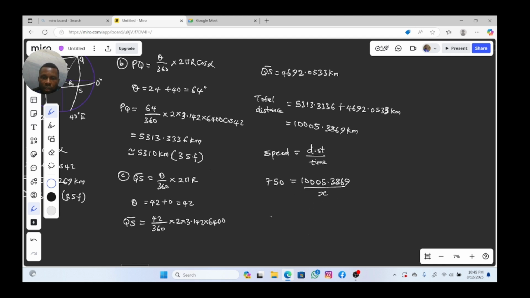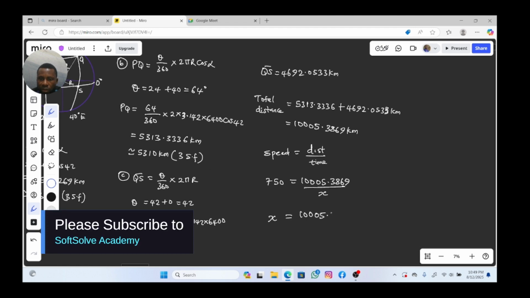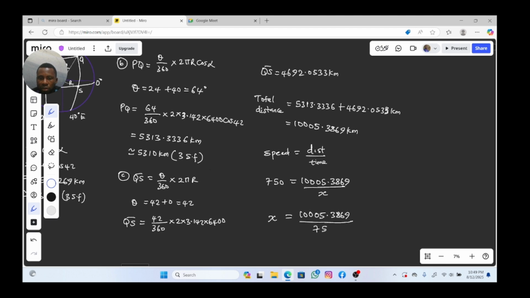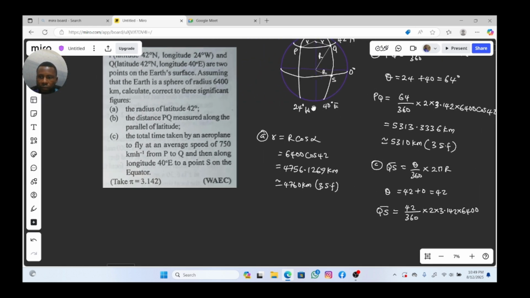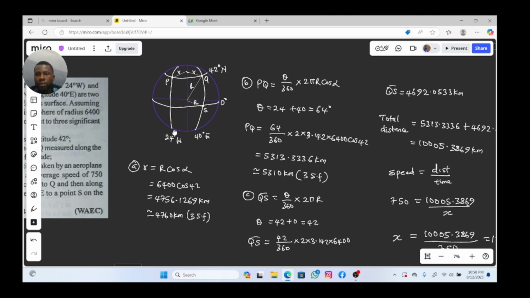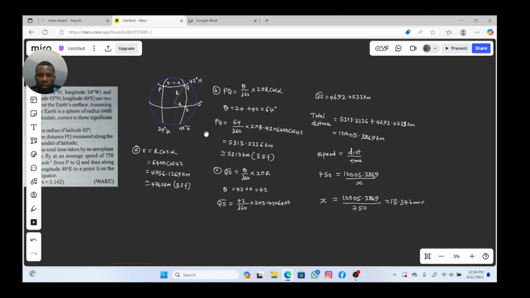So if we cross swap, x, which is the time, will be equal to 10005.3869 over 750. So the time will be 13.34 hours. So that is the total time taken. All right, so that is the full question.